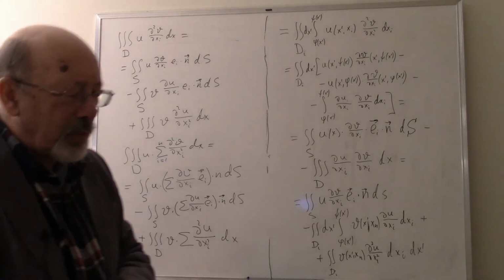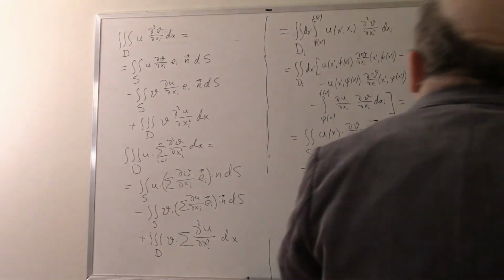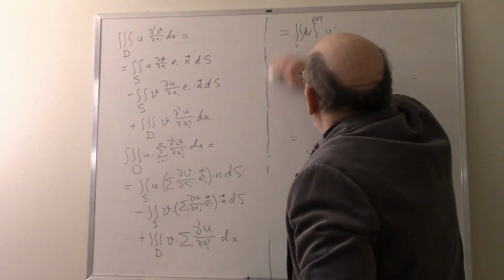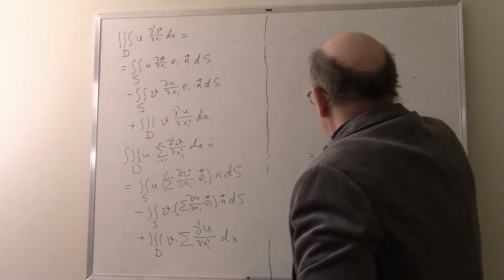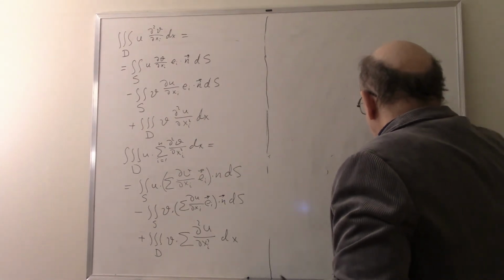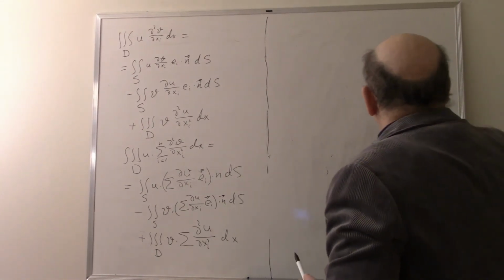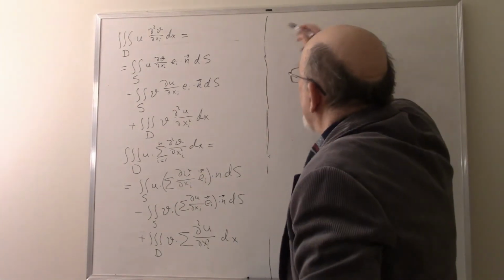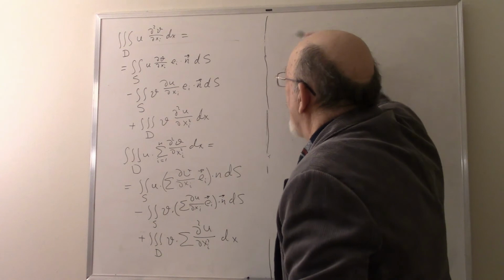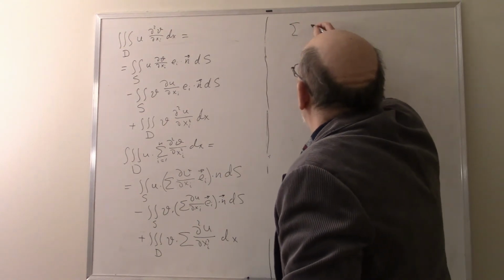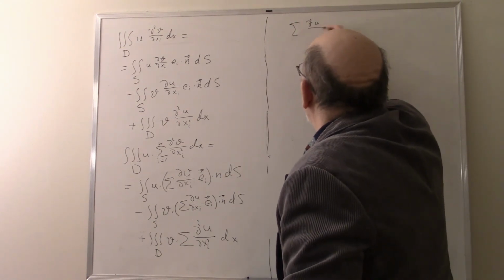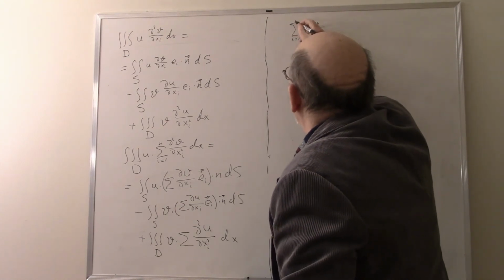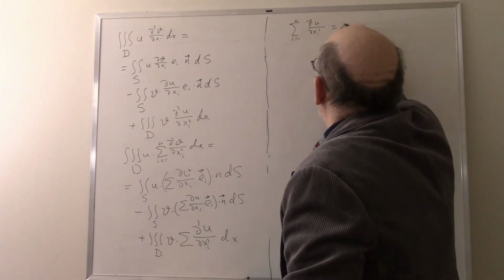Now we can use our advanced notations and see that the sum of d2u over dxi square, i from 1 to n, equals Laplacian u.